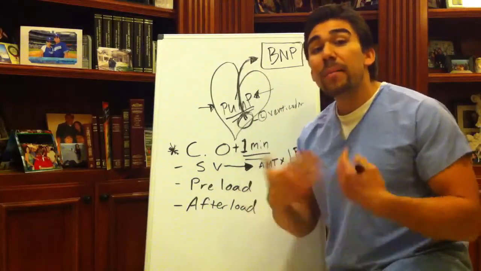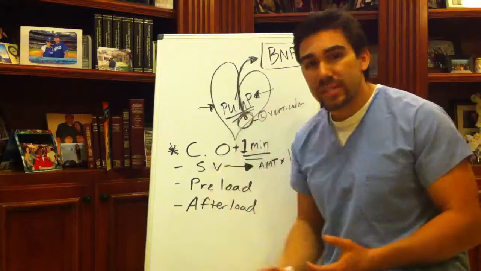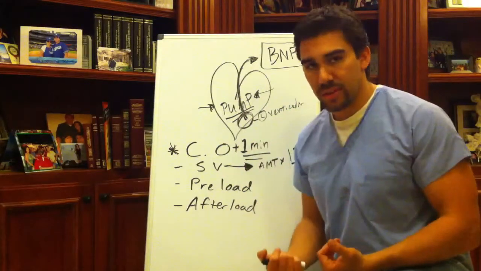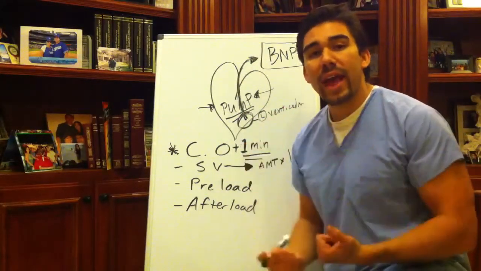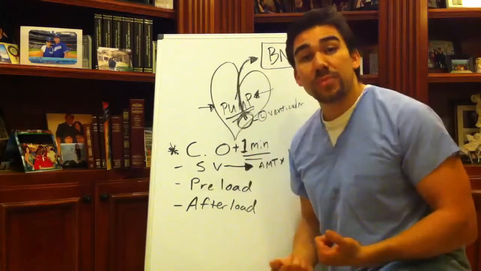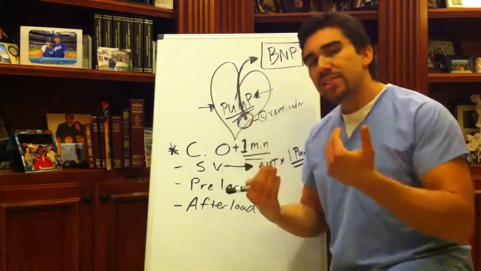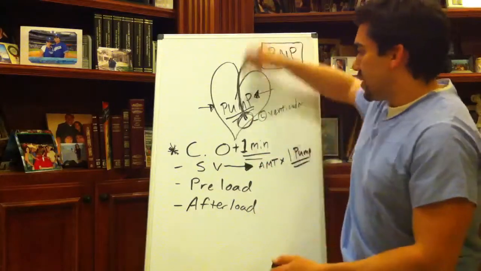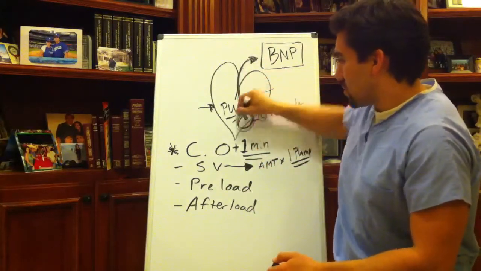I need you to pump more blood to the rest of the body because we're not getting oxygen. The cardiac output is not able to sustain the oxygen in the peripheral veins. Now, why does your brain send this signal down to that left ventricle?